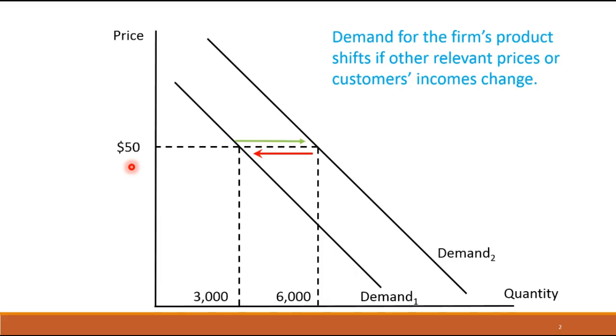So again, as usual, this is just a thought experiment that's saying, what would happen to our demand if the price of some substitute product goes down and we kept our price at $50? It's a completely separate question then to ask, what then should our price be? Should we lower our price in response?